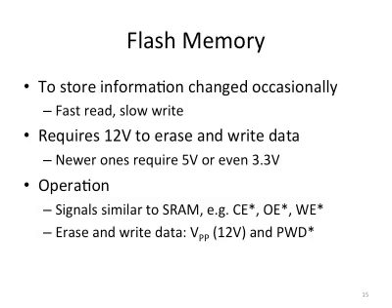It requires different voltage to erase and write data. The older ones require 12 volts, and newer ones use lower voltage. The operation is similar to SRAM, where you have control signals like chip enable, chip select, output enable, write enable, etc.